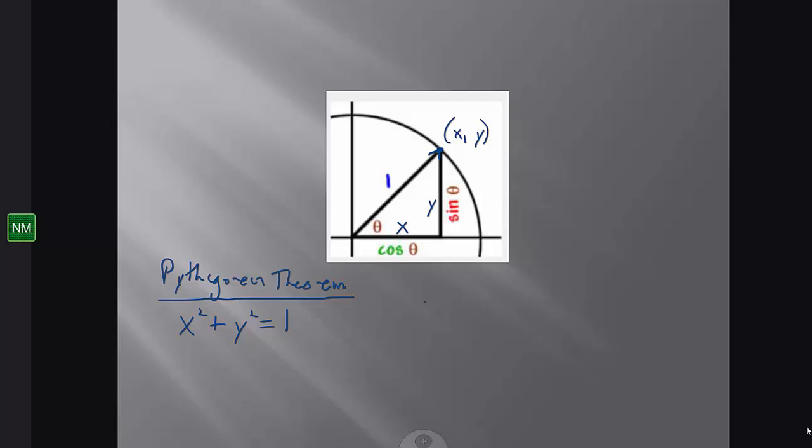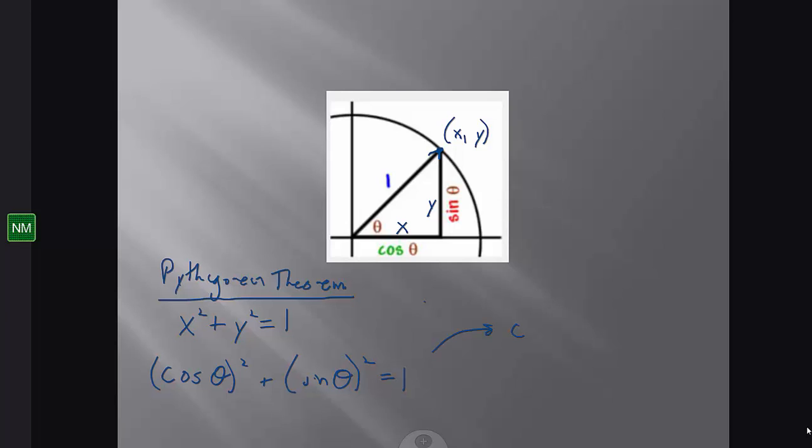Using what we know about the unit circle, when we see an x, that's really a cosine. When we see a y, that's really sine. Those are the definitions in the unit circle. So I can change this identity and get cosine theta squared plus sine theta squared, and that's going to be equal to 1.